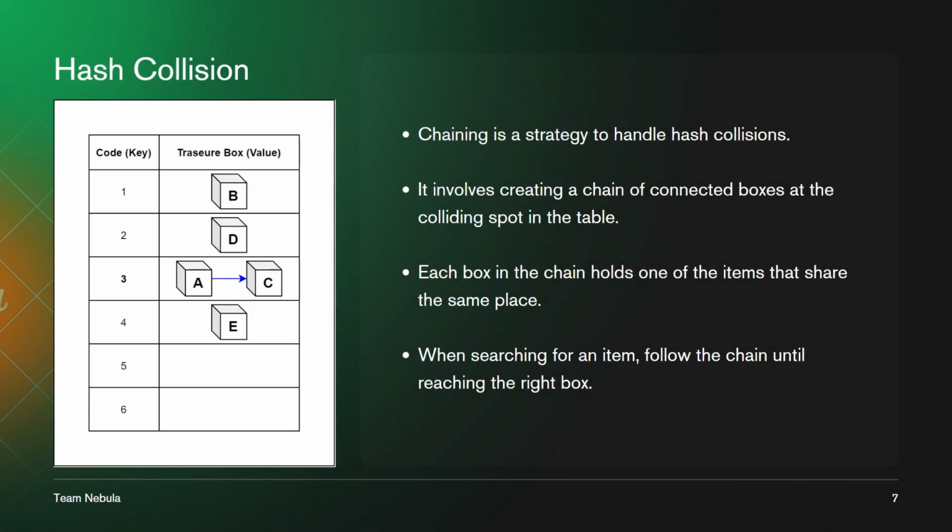One way is to use chaining. Think of it like a chain of connected boxes. When things collide, we create a chain of these boxes at the spot in the table. Each box holds one of the things that want to be in that same place. So, when we need to find something, we follow the chain until we get to the right box.